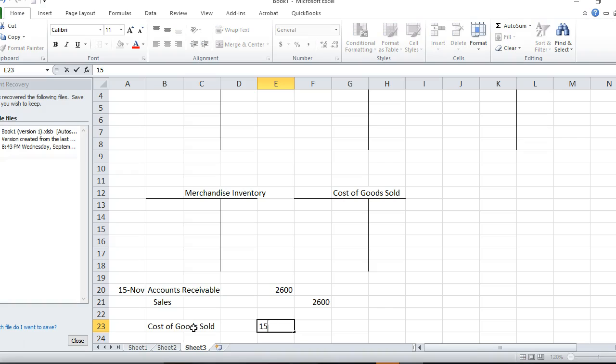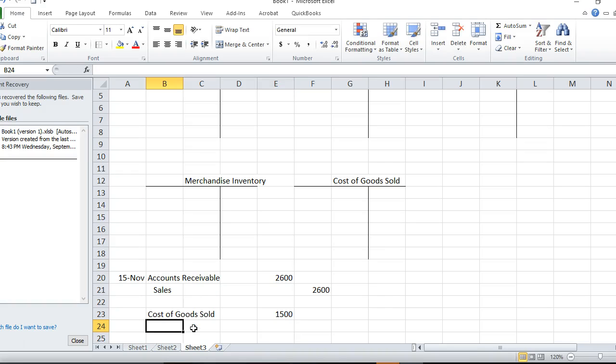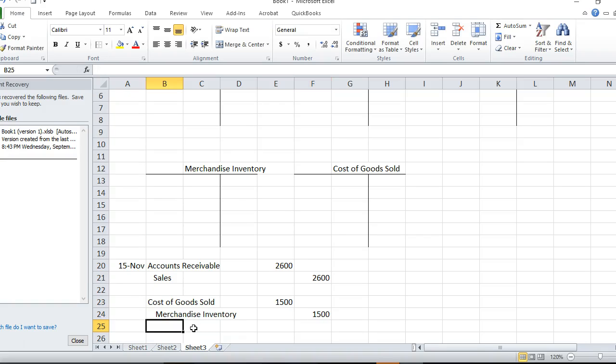Cost of goods sold, it cost us $1,500, and we credit merchandise inventory for $1,500. Now, why do we do that? It stays in our merchandise inventory, and it's inventory until it's no longer inventory. And what does it become? Now it's cost of goods sold, right?